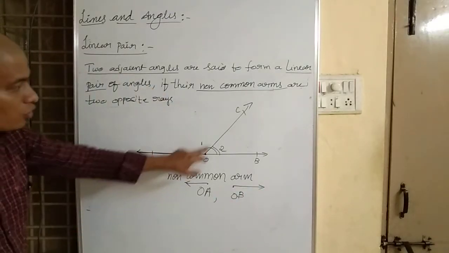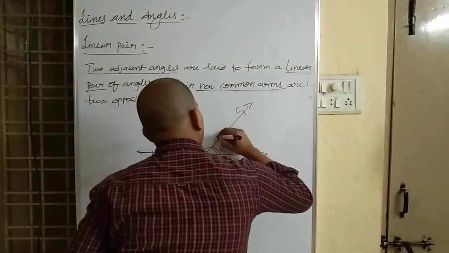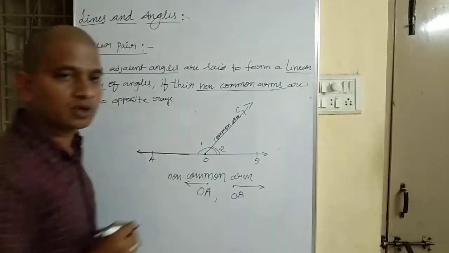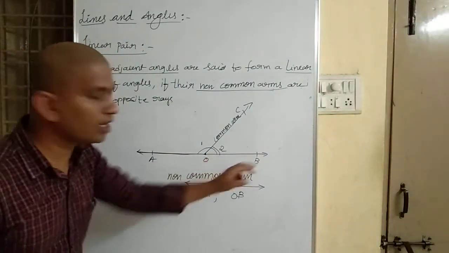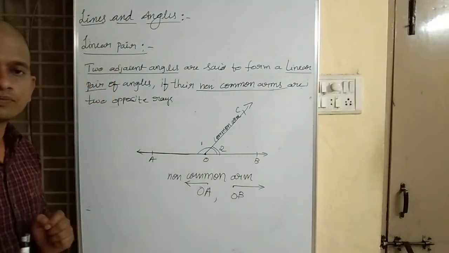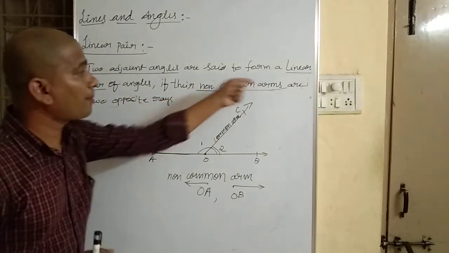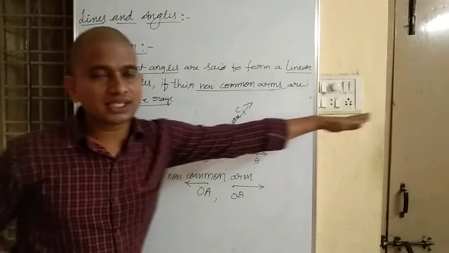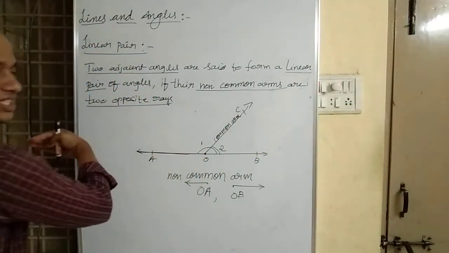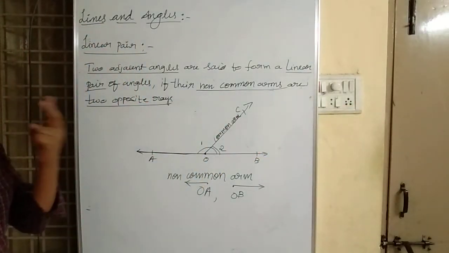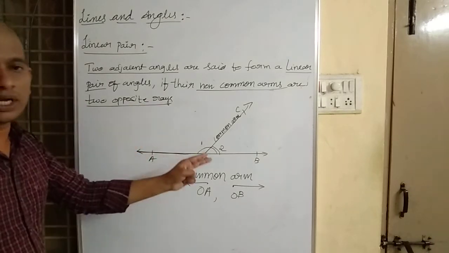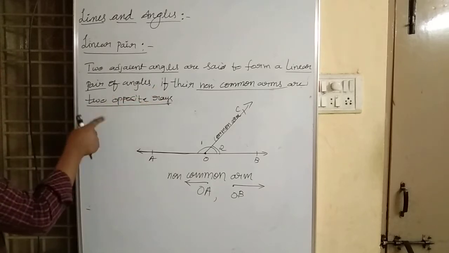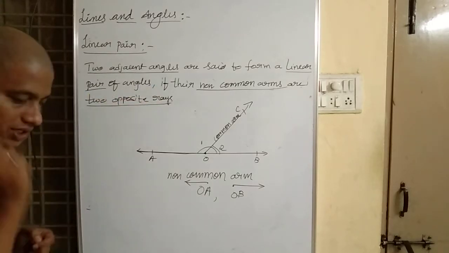Actually, OC is the common arm. I can write here OC is the common arm. What about OA and OB? They are non-common arms. Their non-common arms are two opposite rays. You can see OB is on that side, OA is on this side. So two angles are said to form a linear pair of angles if their non-common arms are two opposite rays.